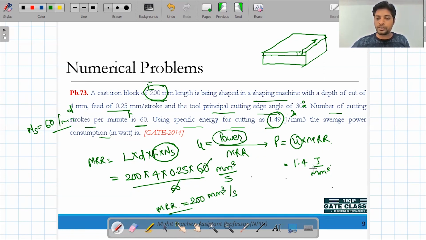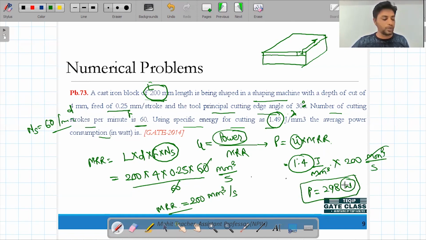Now I just have to place it here: U, that is 1.4, into MRR, equals 200. When you calculate, the power will be 298 watt. It is joule per second, which is nothing but watt, so this will be the final answer: 298 watt.